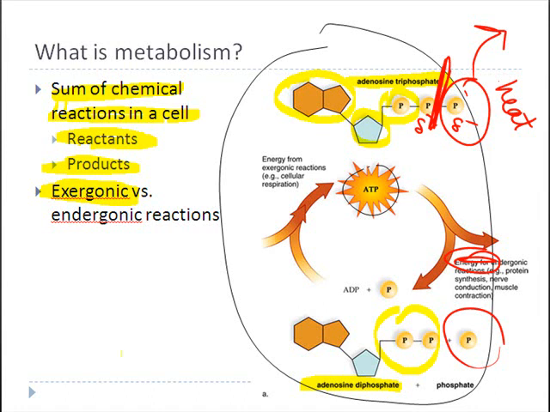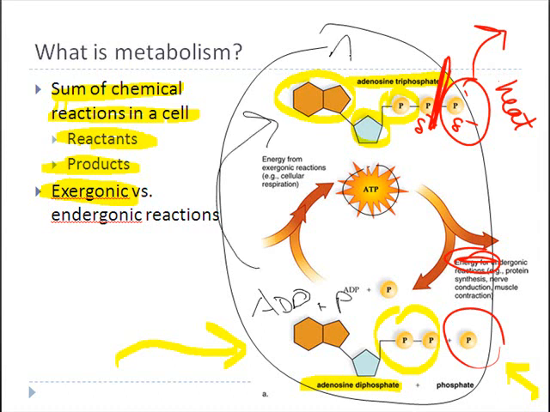Now, as I said previously, cells utilize ATP all the time. They take off that phosphate group, and the energy that's released from that broken chemical bond is used to perform actions inside the cell. Now that cell has adenosine diphosphate and this phosphate group floating around by itself. It turns out that the cell can actually take that adenosine diphosphate, or ADP for short, and reattach that floating phosphate group to remake ATP.